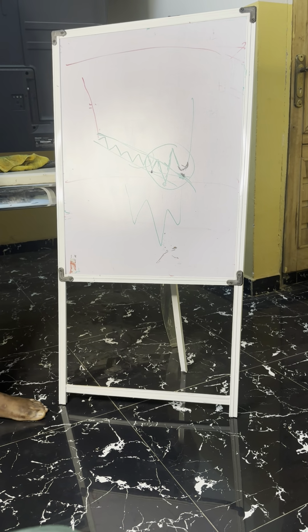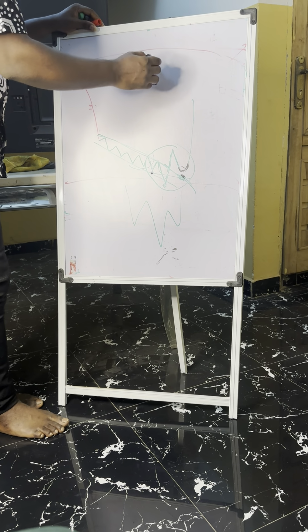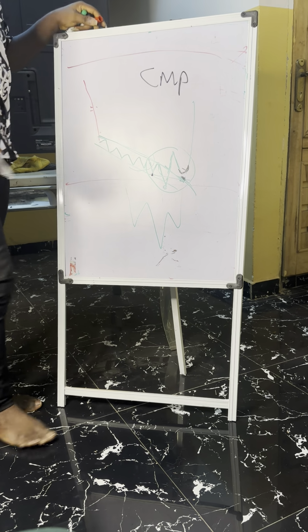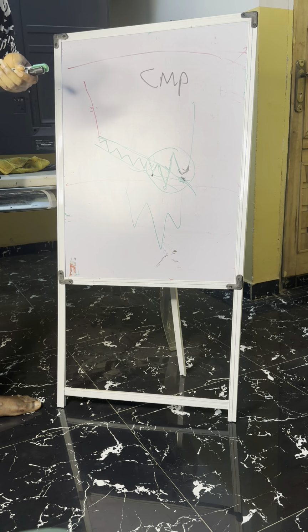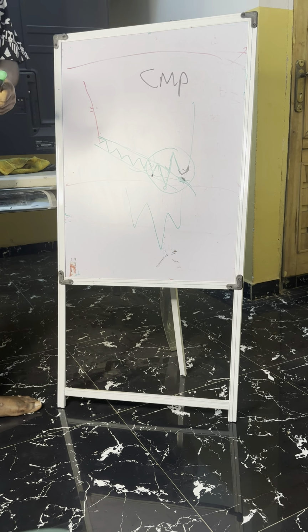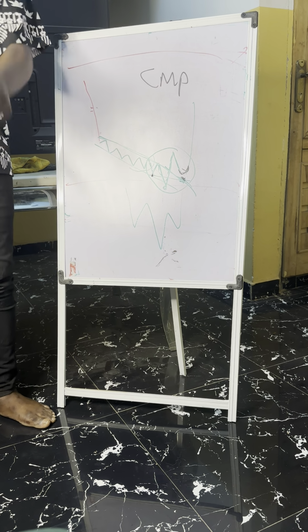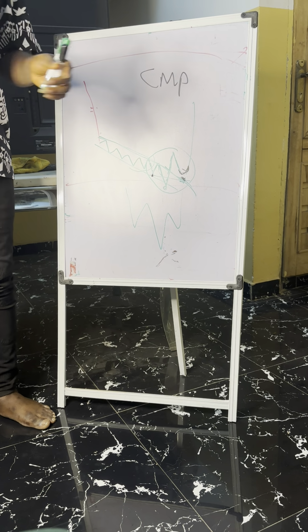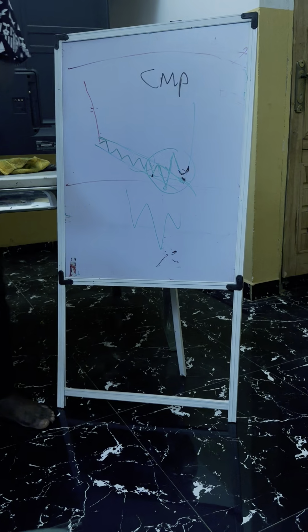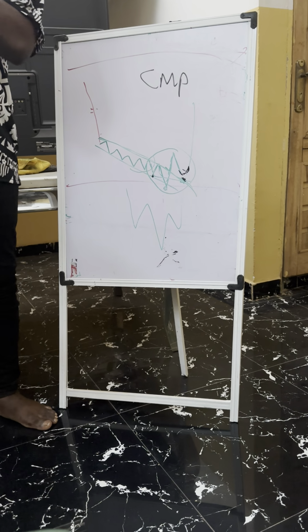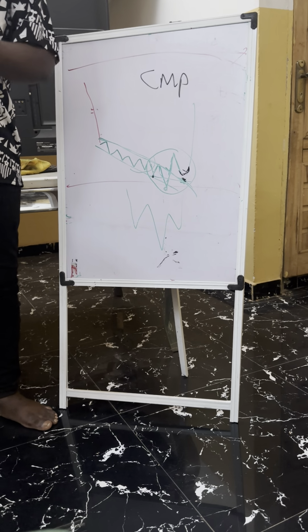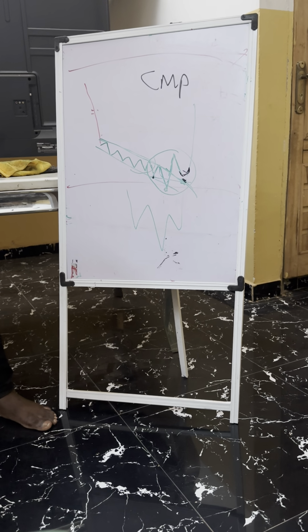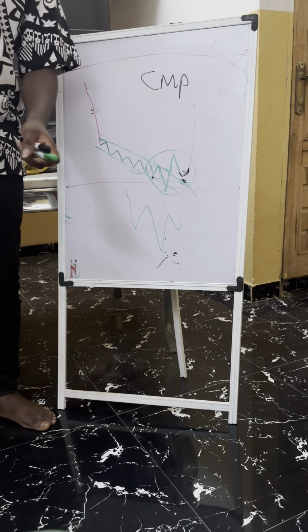For those of you that don't know the meaning of CMP, it is current market price. If you are entering your trade, some of the time I say buy limit, sell limit. Those of you trading crypto, you see limit there. If you click a buy, that means it's a buy limit.